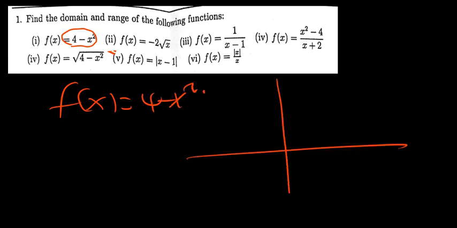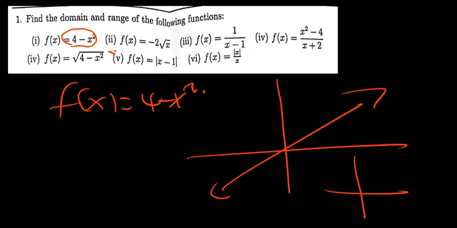A linear function is a function which doesn't have anything on the denominator. Like in this case, this is a linear function, 4 minus x squared. So if you sketch it, it can go in that direction, or sometimes it can be like that, or it can be like that.